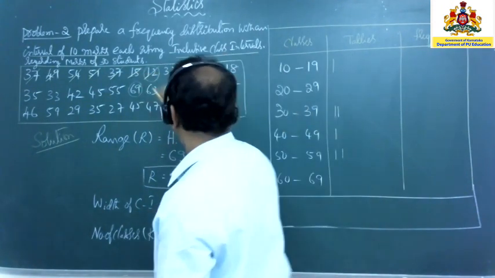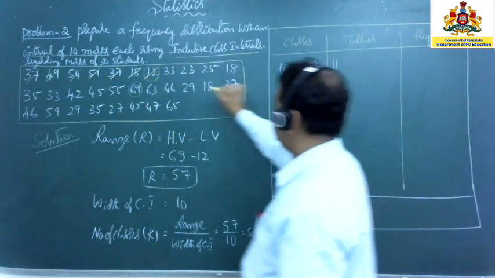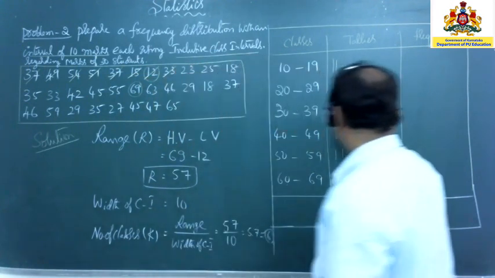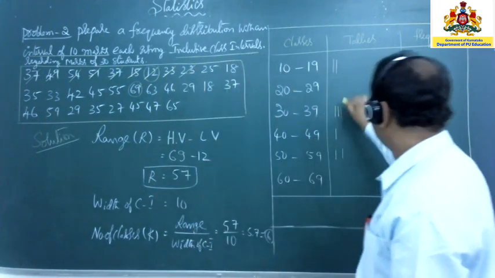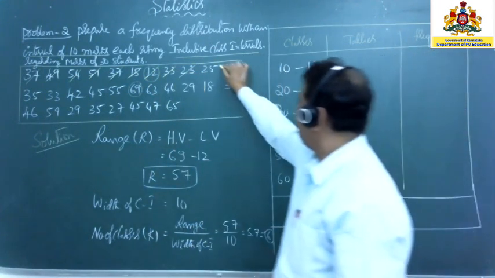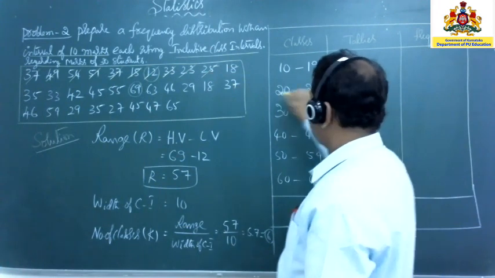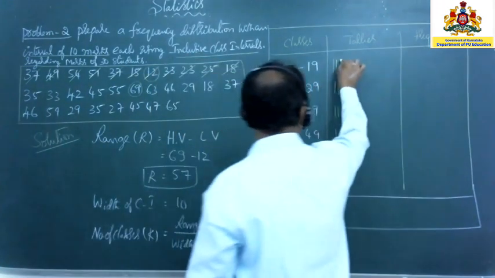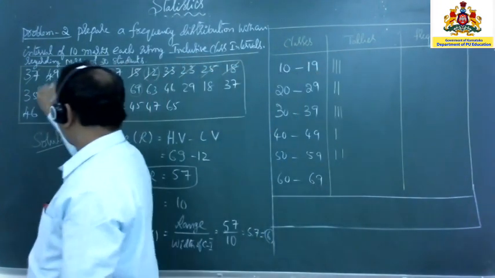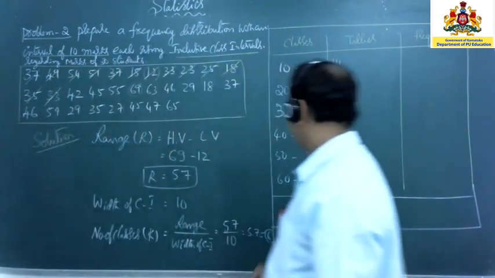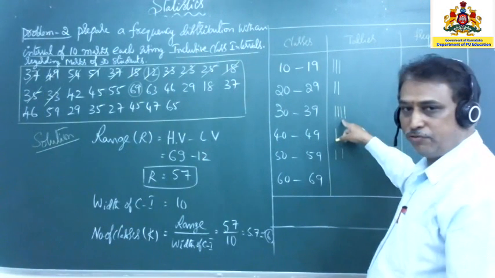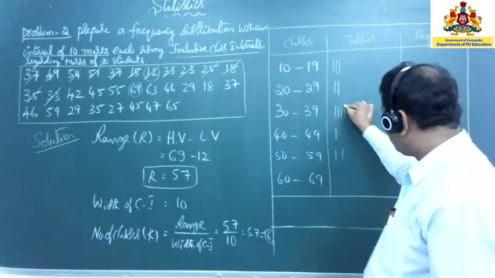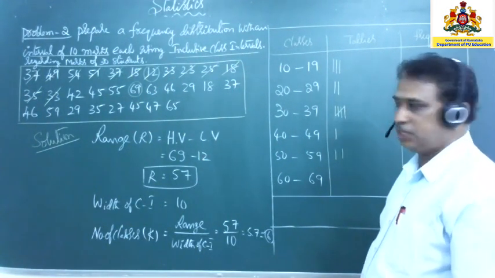Next, 12. Next, 33. Next, 23. Next, 25. Next, 18. Next, 35, 33. After 4 tallies, for the fifth tally you have to put the cross mark.